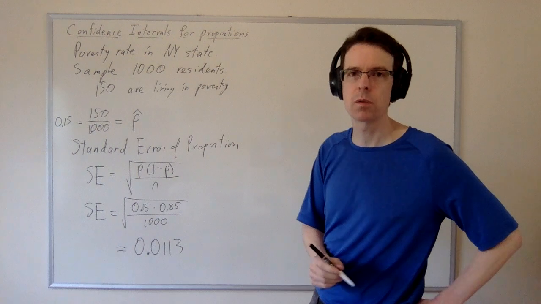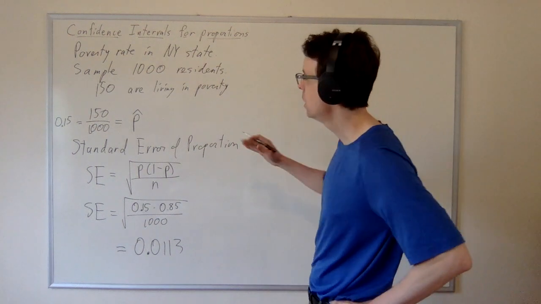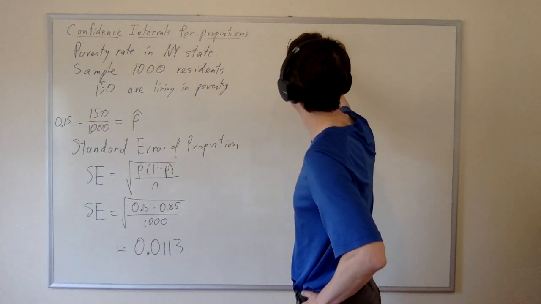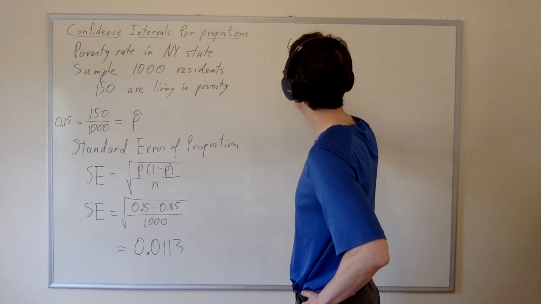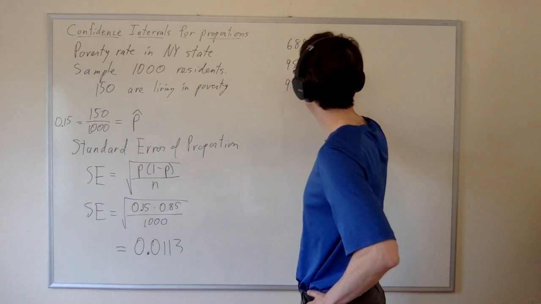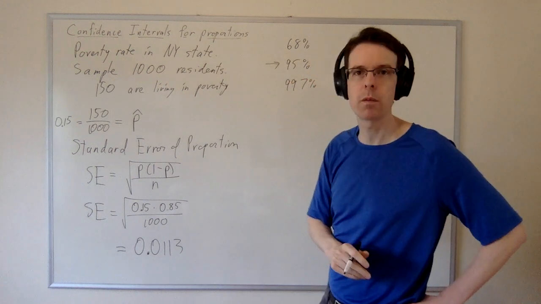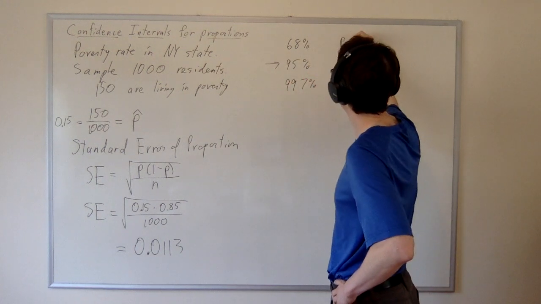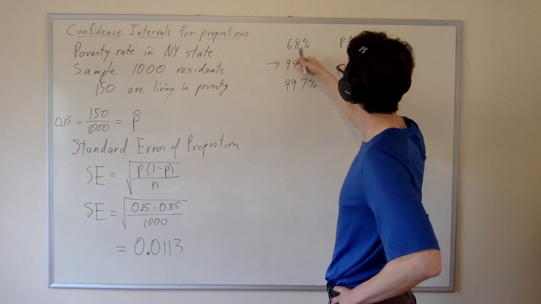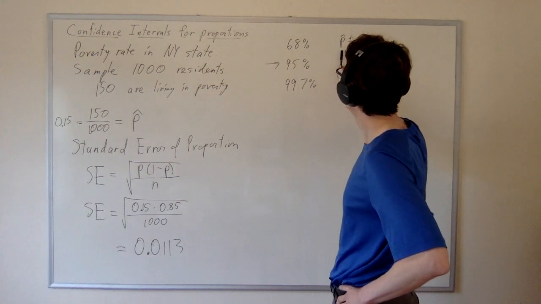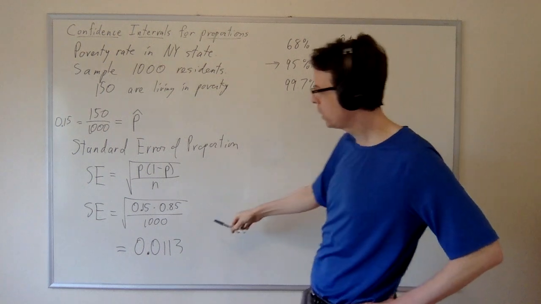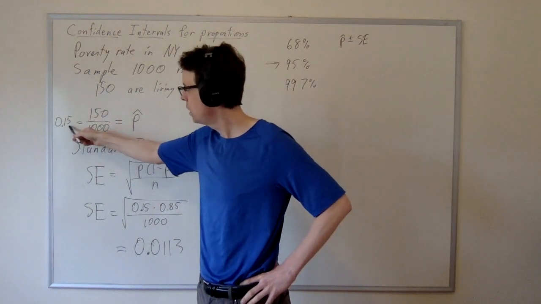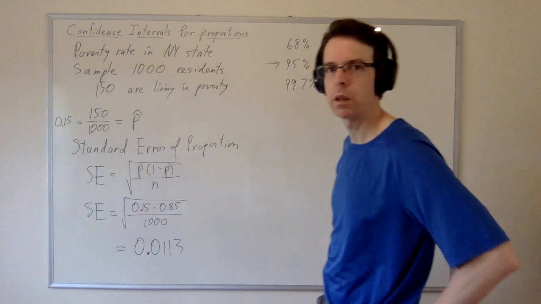And so that's the basis for our forming the confidence intervals. Now, there are, of course, 3 confidence intervals that we've learned how to produce, and I want to at least refer to all of them, but I want to only use the one that's typically most important, which is the 95% confidence interval. When we use the 68% confidence interval, we take the measured value and we add and subtract the standard error, and that would give us approximately 15% plus or minus 1% here.